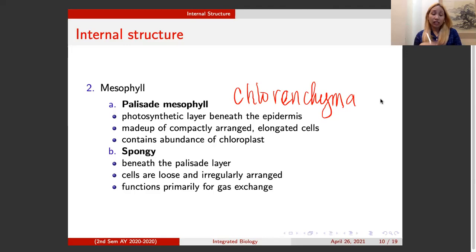Okay, now, since this area contains a lot of loosely arranged cells, the whole tissue is then termed parenchyma. Most parenchyma are responsible for gas exchange. So these are types of parenchyma cell, and they are specialized in gas exchange.